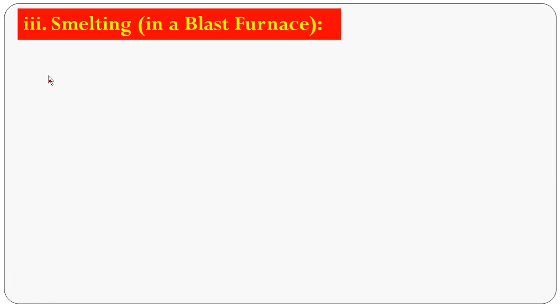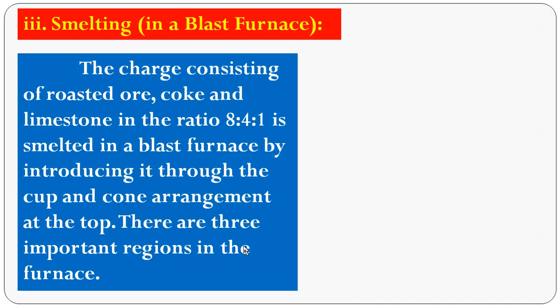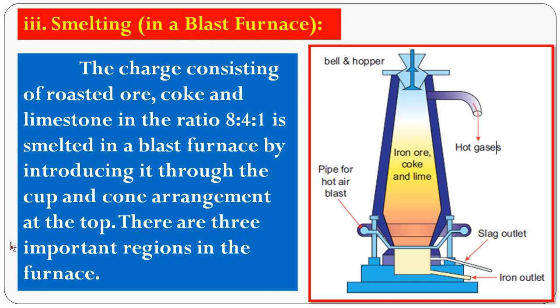Now, come to the third step. It is a very important step, smelting. The smelting takes place in a blast furnace. Now, you come to the diagram. The top of this diagram is like a cup and cone arrangement, like a bell and hopper structure.